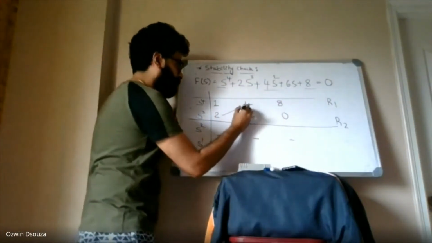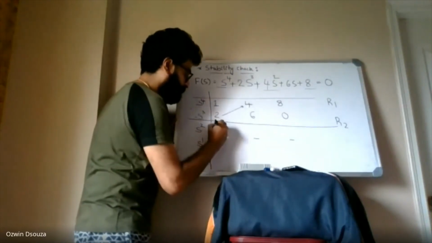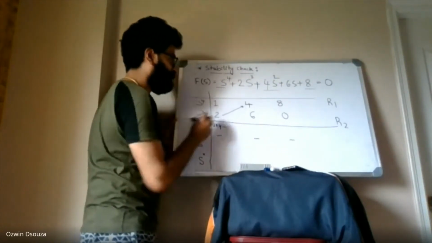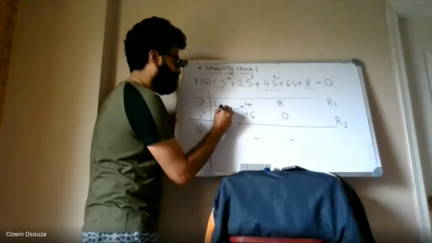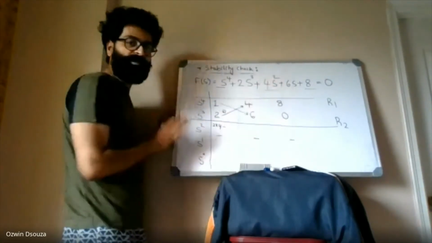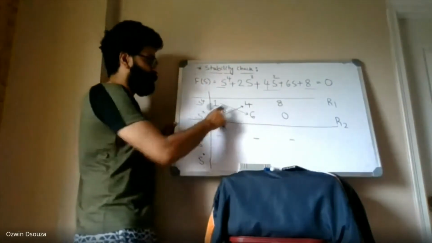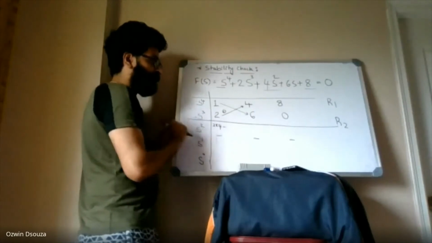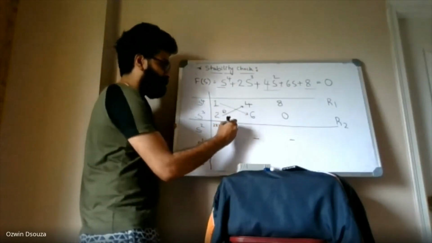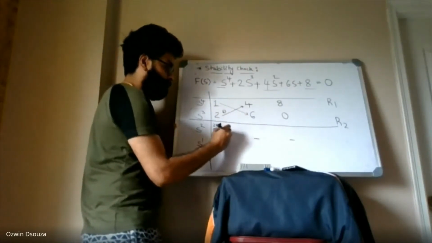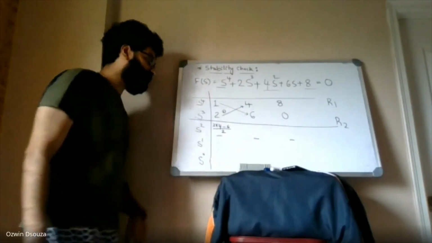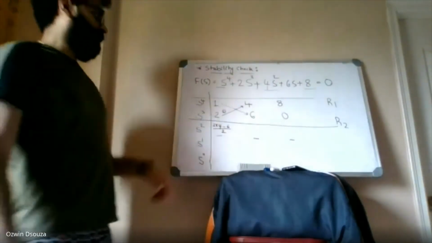So 2 into 4 minus, okay, this is first priority. Always bottom to top is first priority. So 2 into 4 minus 1 into 6 divided by 2. So how much will you get?